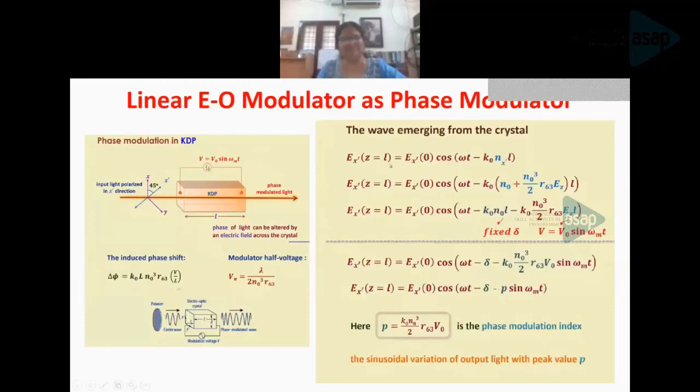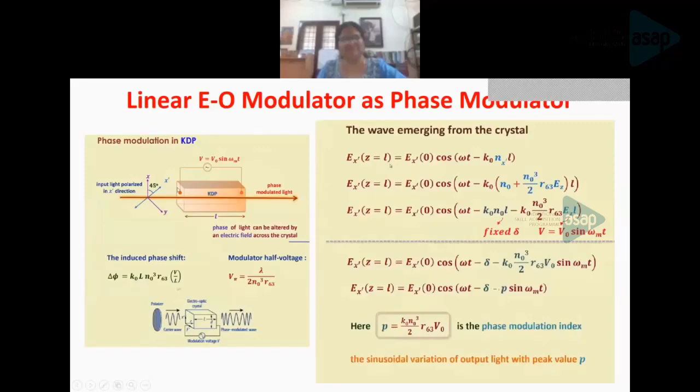Now here we are assuming that x prime is the direction of the incident polarized light, which is making an angle of 45 degrees with the x direction. So this is the linear polarization direction.